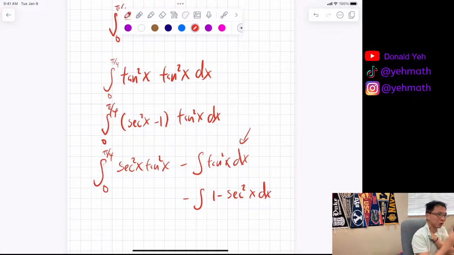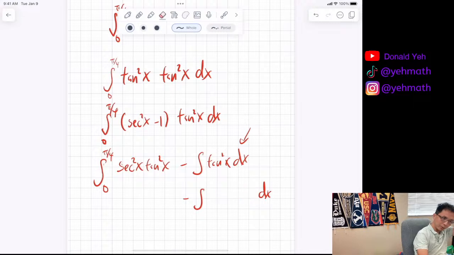Final answer was 2/3 minus 2/3 plus 5/4. Oh, sorry, this one's wrong. Secant squared, but sorry, secant squared. Yeah, I thought it was something.